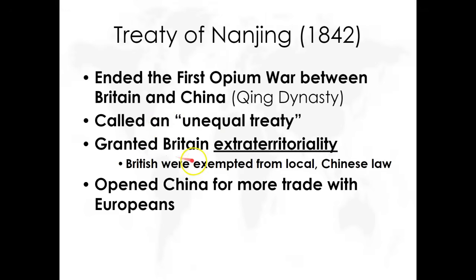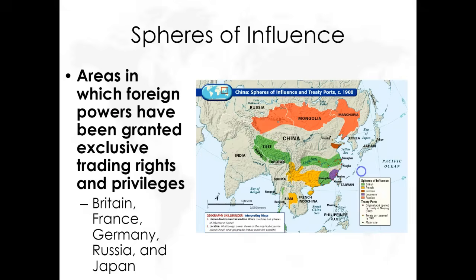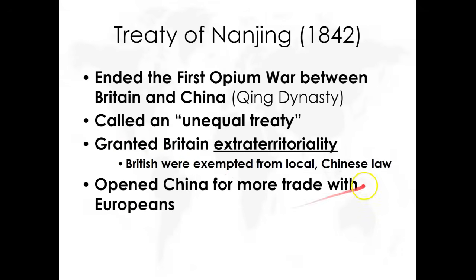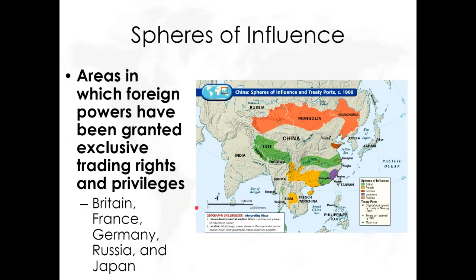So Britain, most importantly, is going to be able to have their citizens only have to follow British law even while they're living in China. And additionally, Britain is going to have trading privileges or spheres of influence in China, and later on other European countries will economically control China.